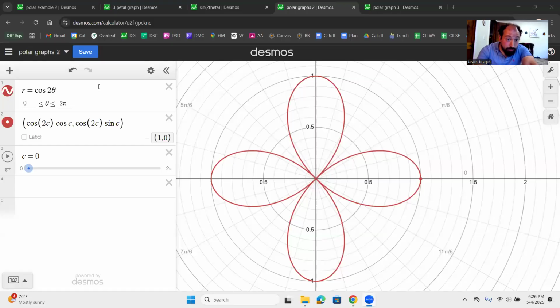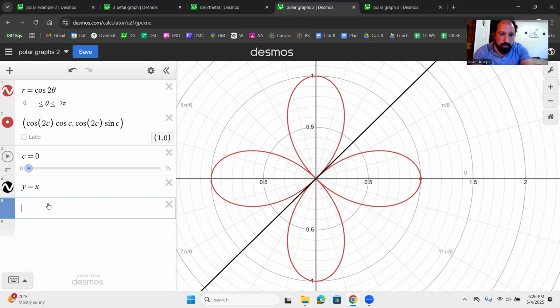And here's the graph. Okay, there's the graph. So from minus pi over 4 to pi over 4, that's like an angle of minus 45 to 45 degrees.